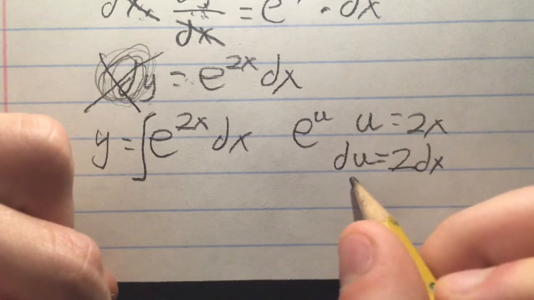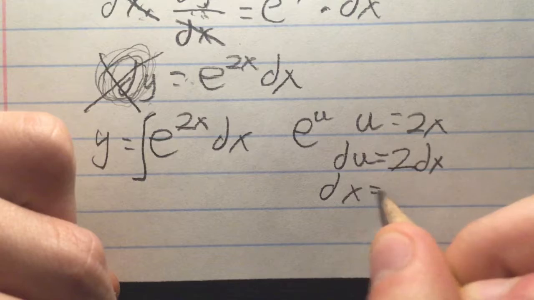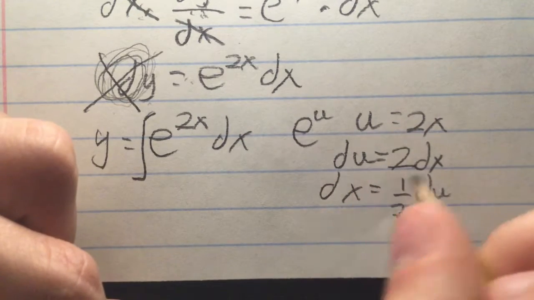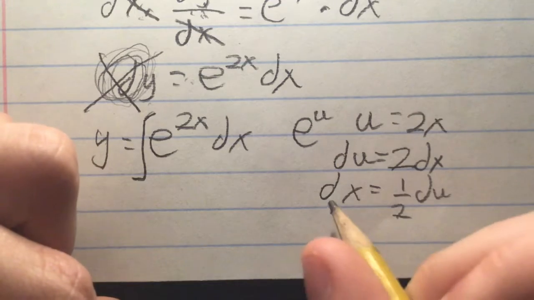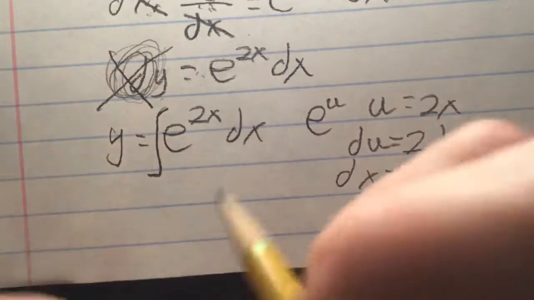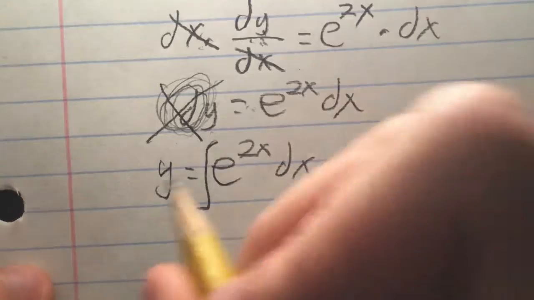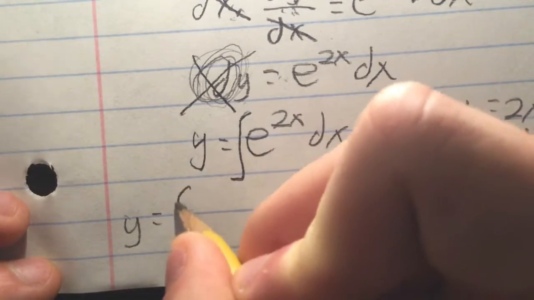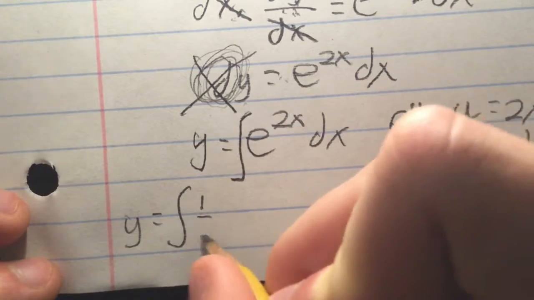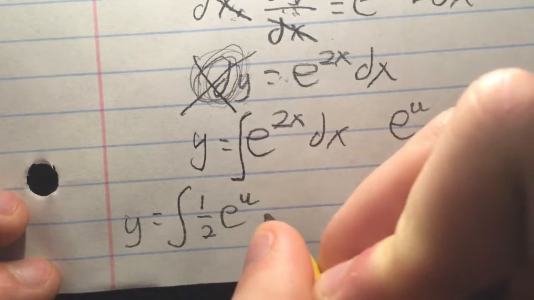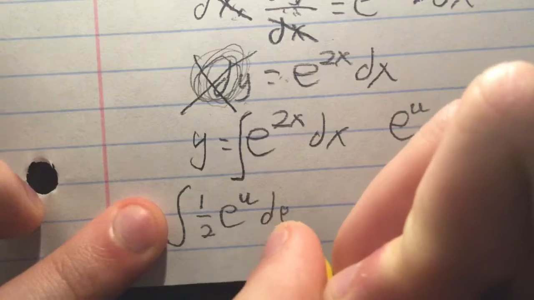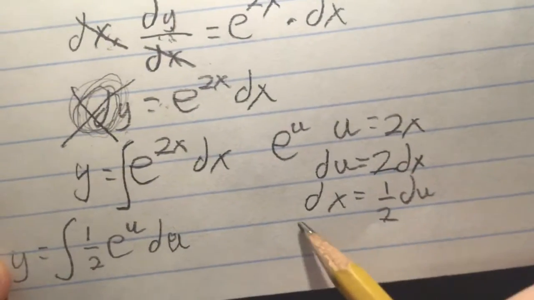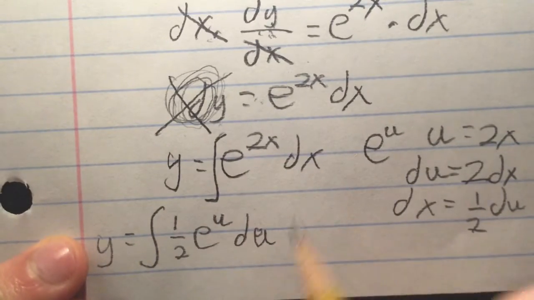So now we have dx equals 1/2 du by rearranging a few things around as though these were just variables. So now we substitute everything in. So we have y equals the integral of 1/2 e to the u du. And I hope it makes sense why we have a 1/2 and a du there, because we just replaced dx with 1/2 du.